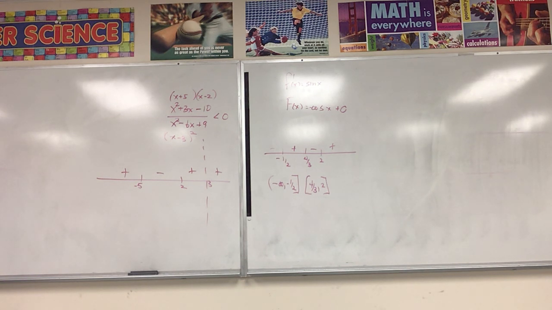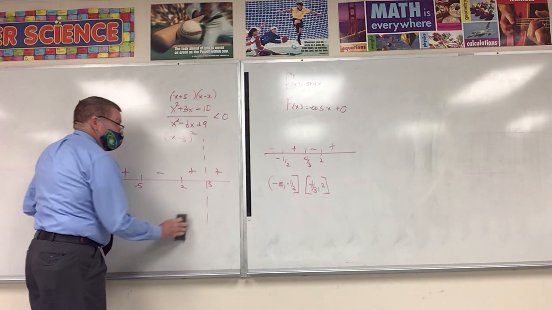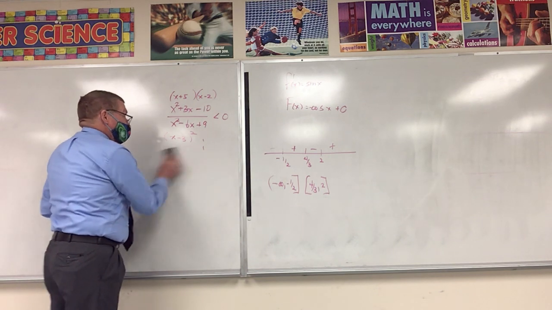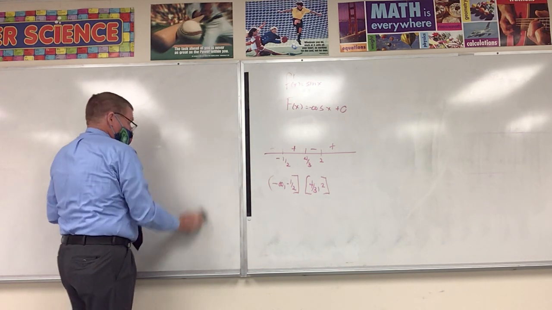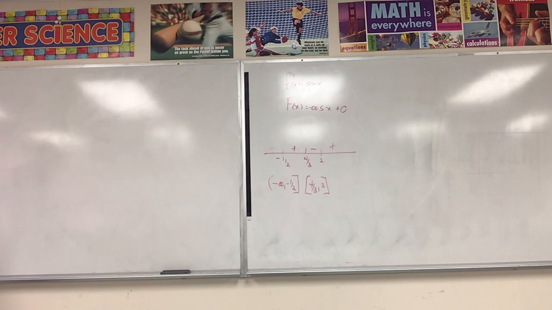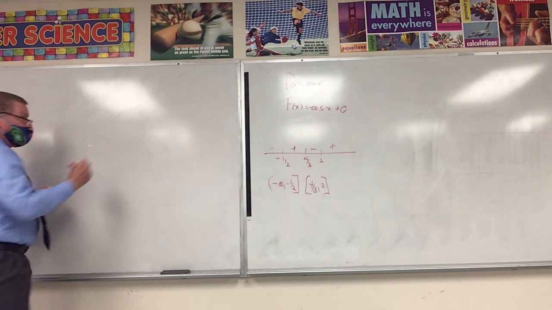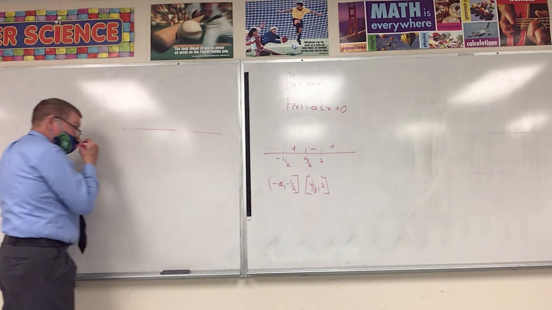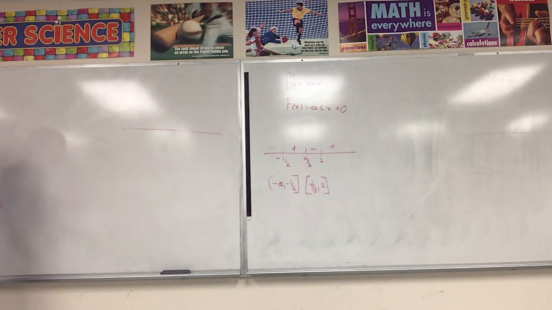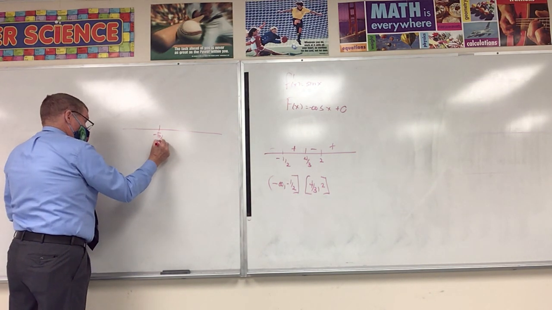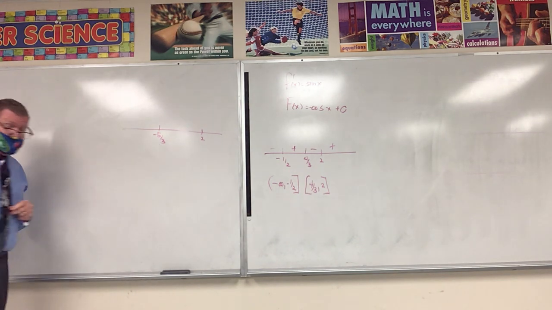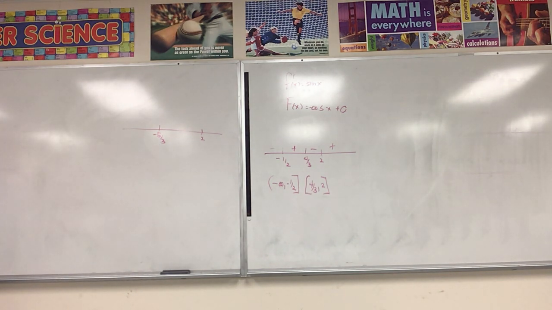Alright, what's the next one? 52? What are my zeros? Negative 5 thirds first, and 2. Everybody agree? If I pick a number greater than 2, what will I have?